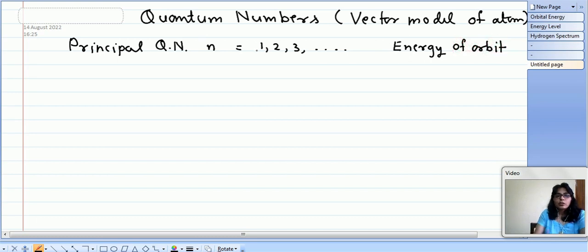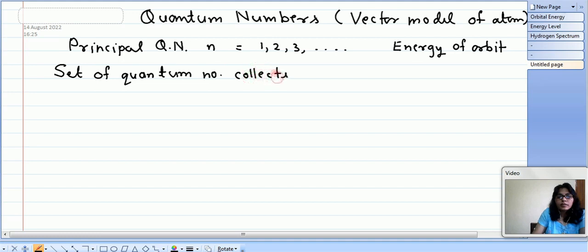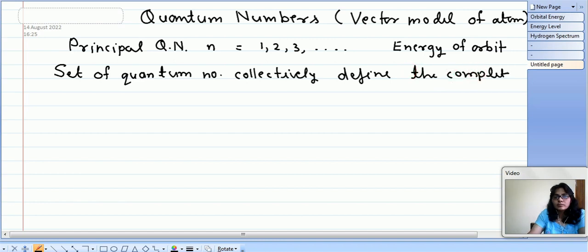Then there is a set of quantum numbers, and this set of quantum numbers collectively defines the complete state of the electron, or of the atom.